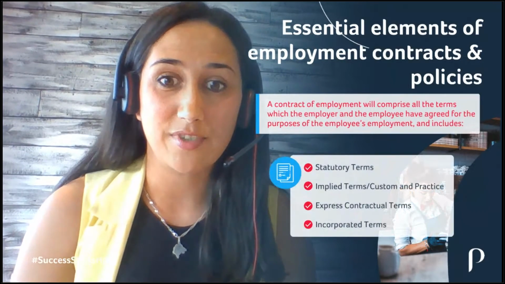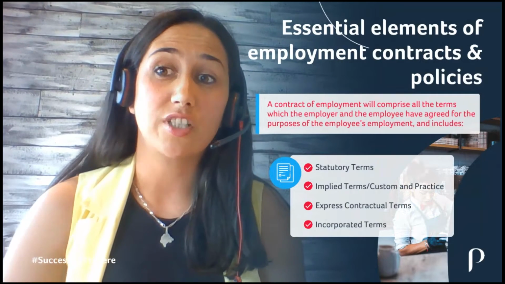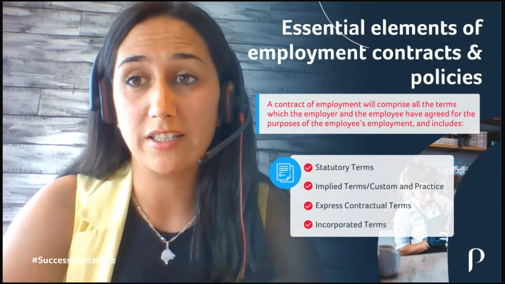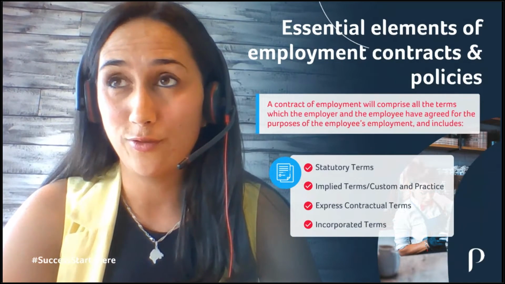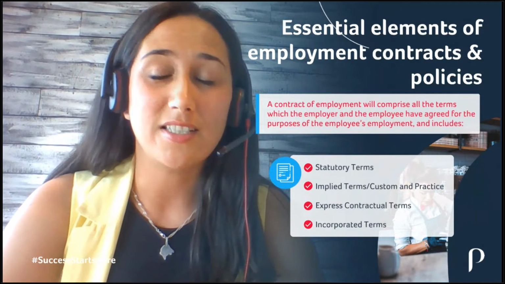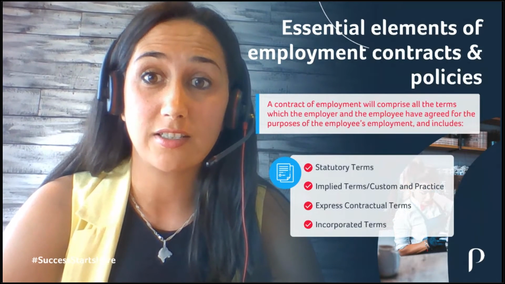So the essential elements of contracts, we'll go into a few of the terms, such as the statutory terms, implied terms, and express terms. The statutory terms of employment are referred to in the Terms of Employment Act 1994 to 2001, and it says that there should be 15 requirements within the employee contracts.